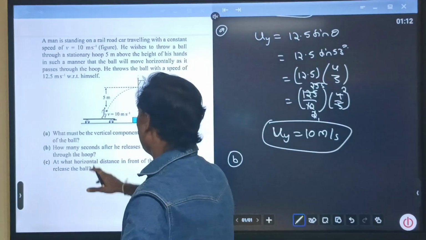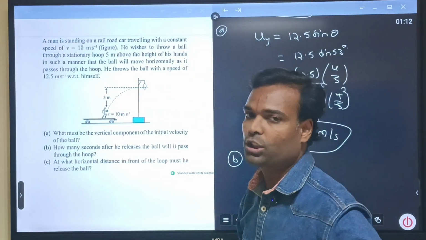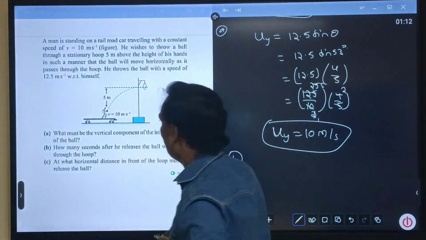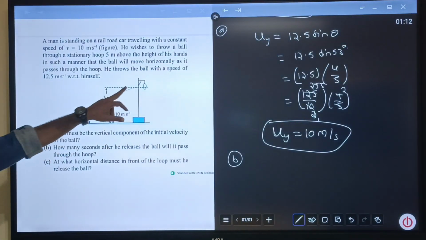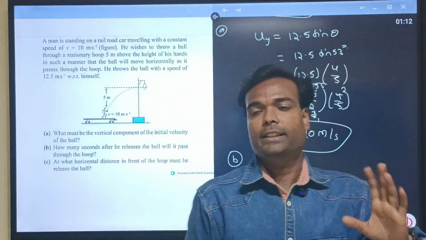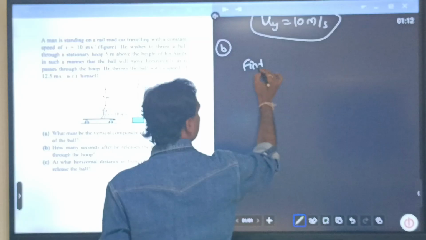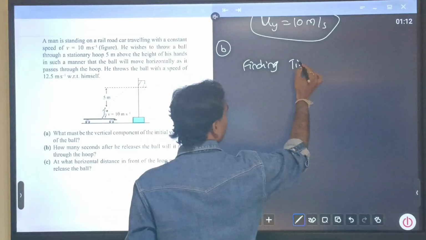Then the second bit is how many seconds after he releases the ball will it pass through the hoop. That means the ball starts its journey from here and reaches the hoop, and the hoop is at the maximum height. Now see here, finding time of flight.